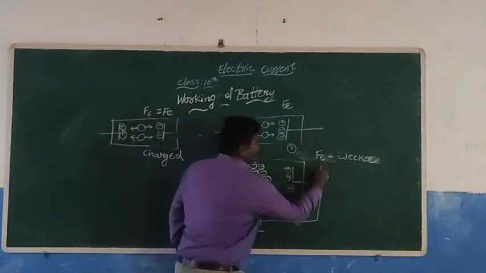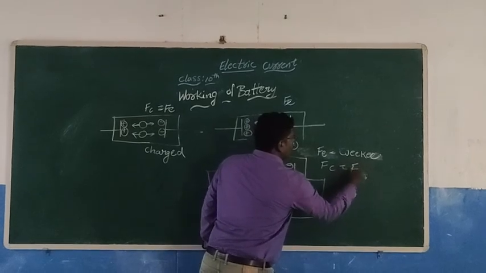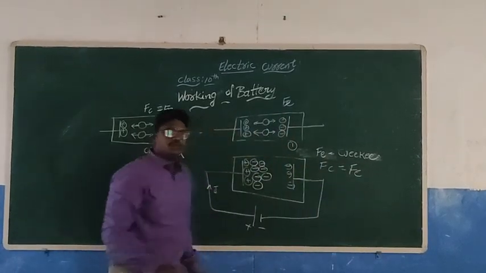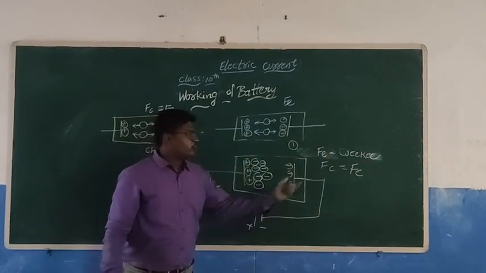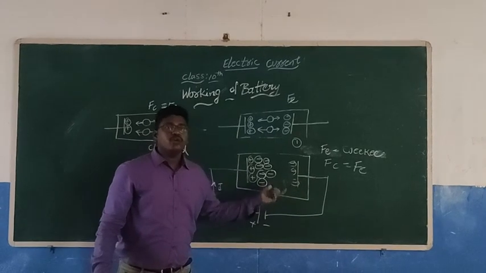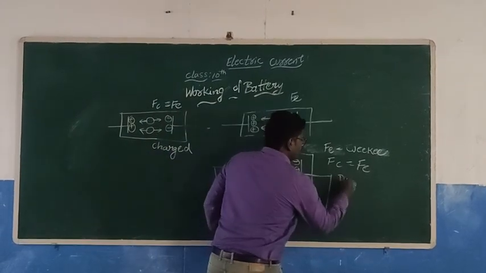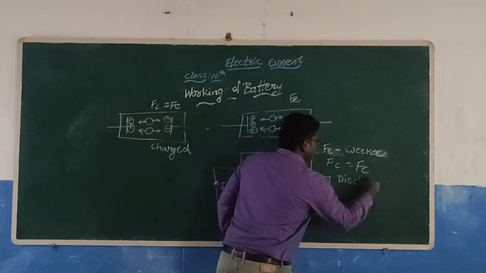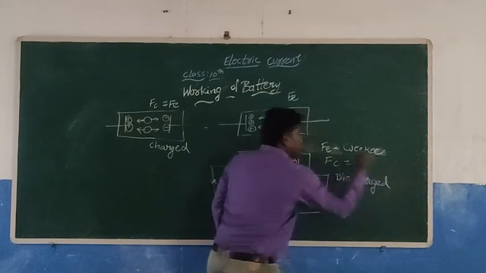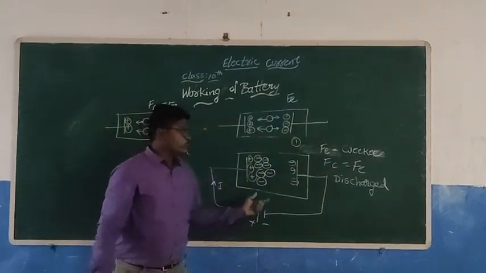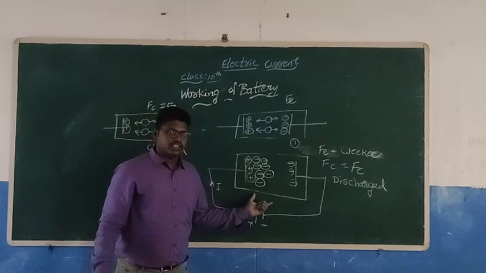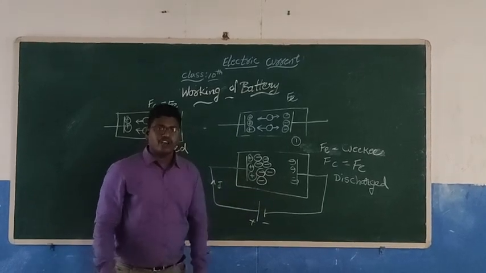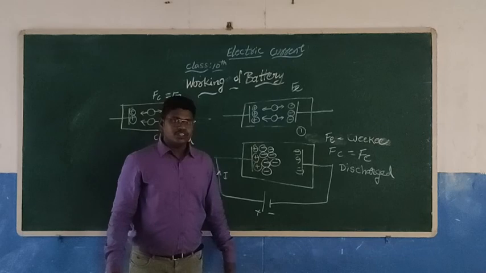So this will continue up to whenever the chemical force is equal to the electric force. Whenever it is equal, then the total battery will be discharged. So this is the working of battery. So thank you and all.